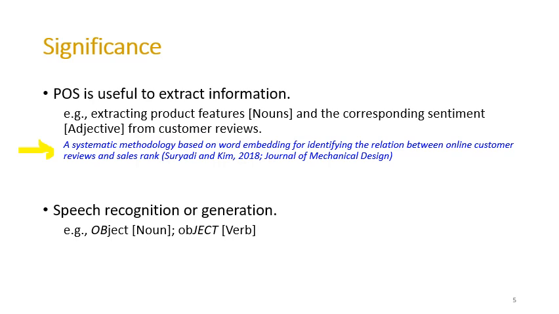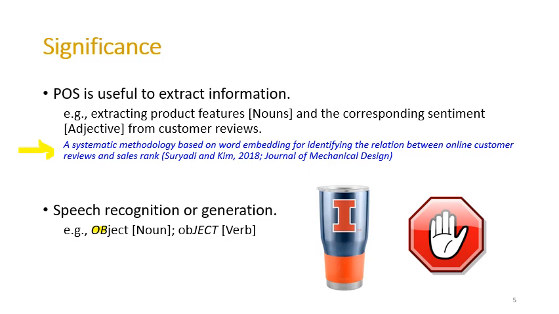So here the example is the word object. If it is a noun, the emphasis is at the beginning, object. And if it is a verb, like you object to something, you emphasize the end of this word, object.